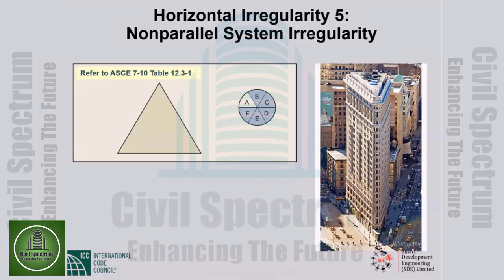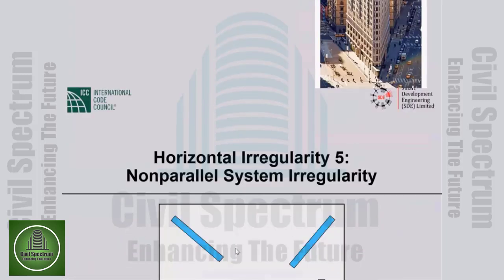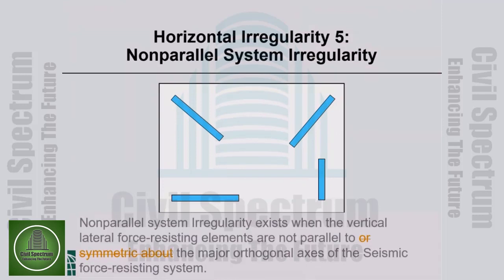The final horizontal irregularity, type 5, is non-parallel seismic force resisting systems. Okay. And this is a San Diego building that is almost a direct translation of this plan shape. Now, the definition says non-parallel system irregularity exists when the vertical lateral force resisting elements are not parallel to or symmetric about the major orthogonal axis of the seismic force resisting system.